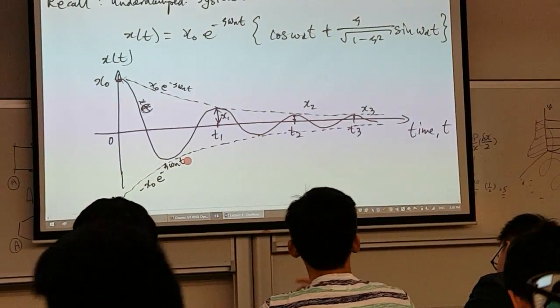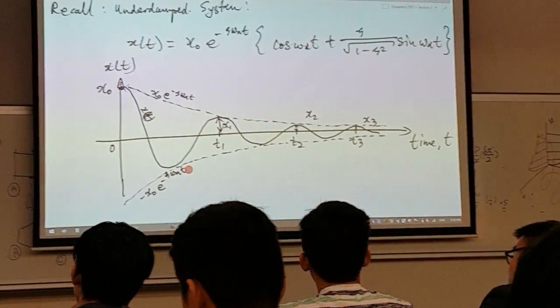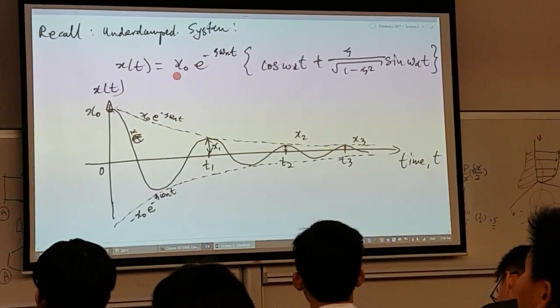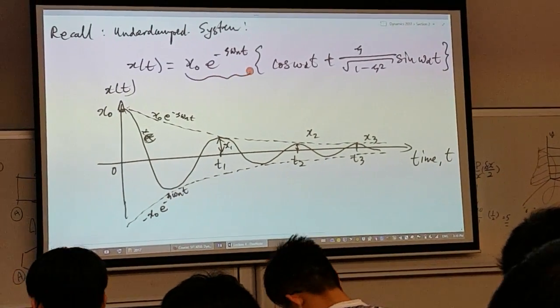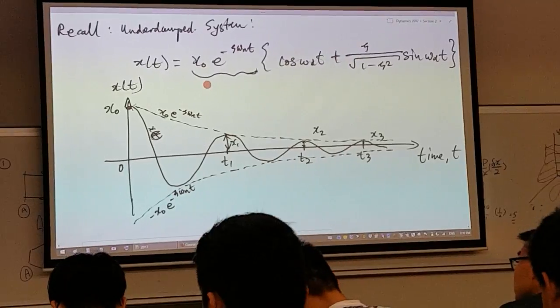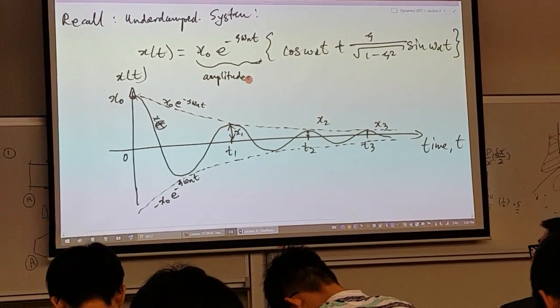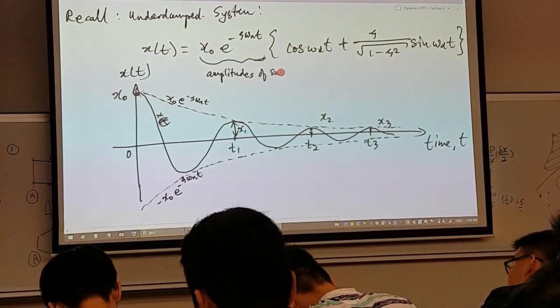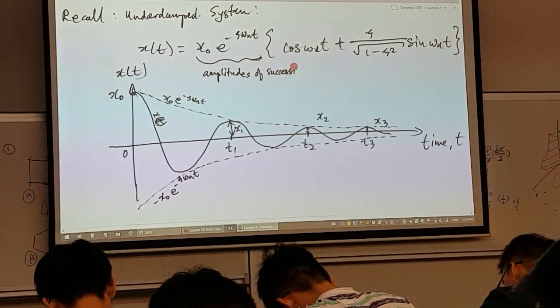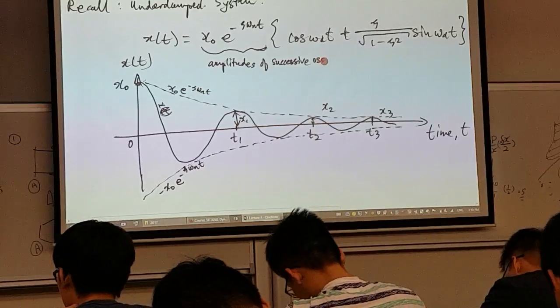So that x naught e to the power minus zeta omega n t, you can find it in the original equation over here. This is what we call the amplitudes of successive oscillation.